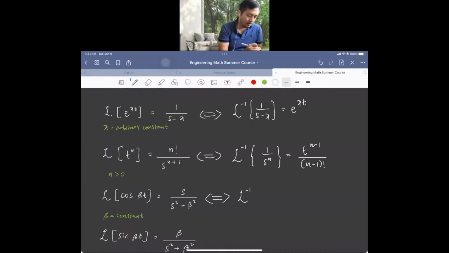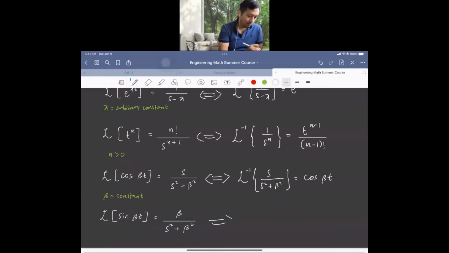And the other part we can write easily: s over s squared plus beta squared will be cosine beta t.